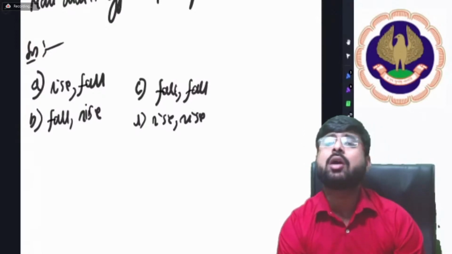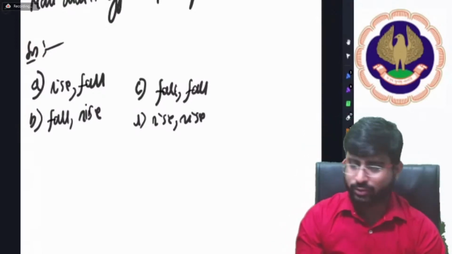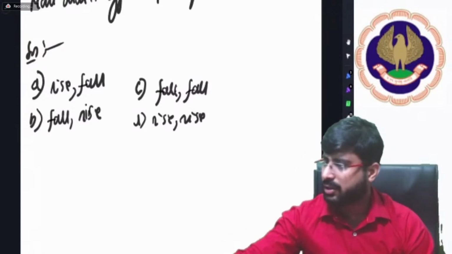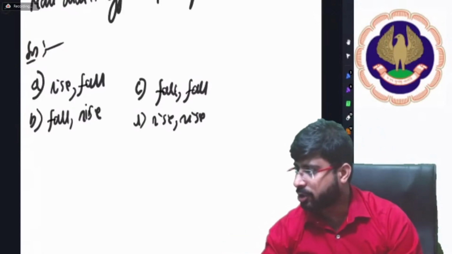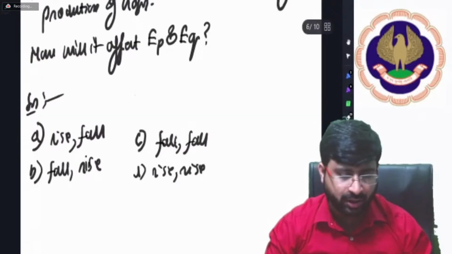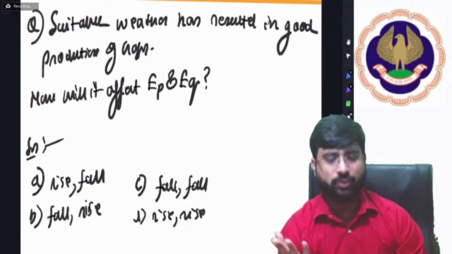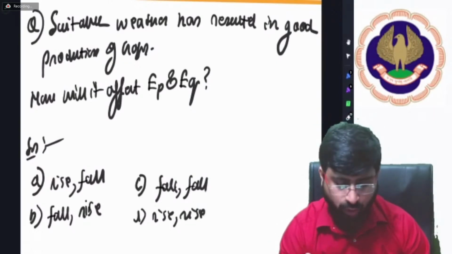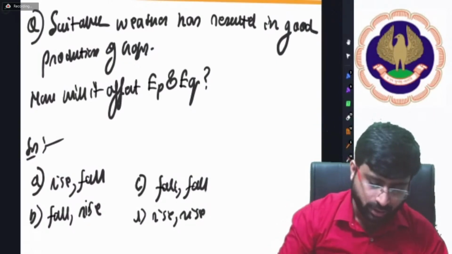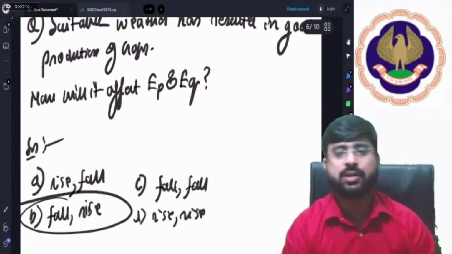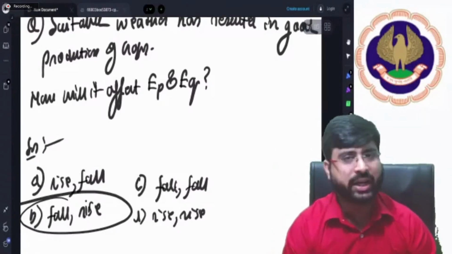Pay attention. I've asked what is the equilibrium price and quantity. So as you have seen, excess supply results in a price fall. So fall and rise seems to be the correct answer, which is B.